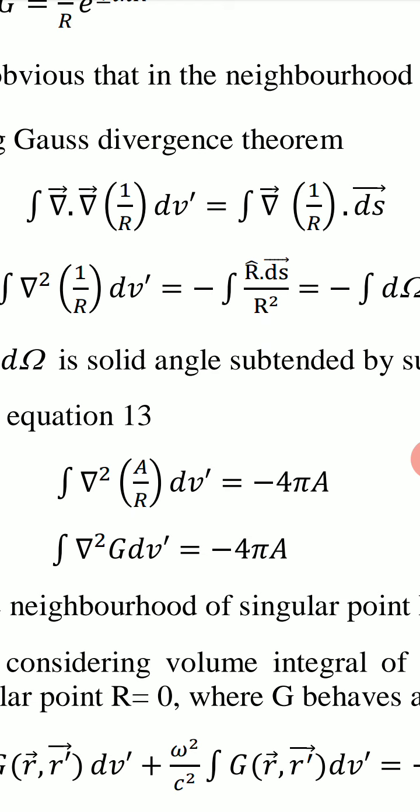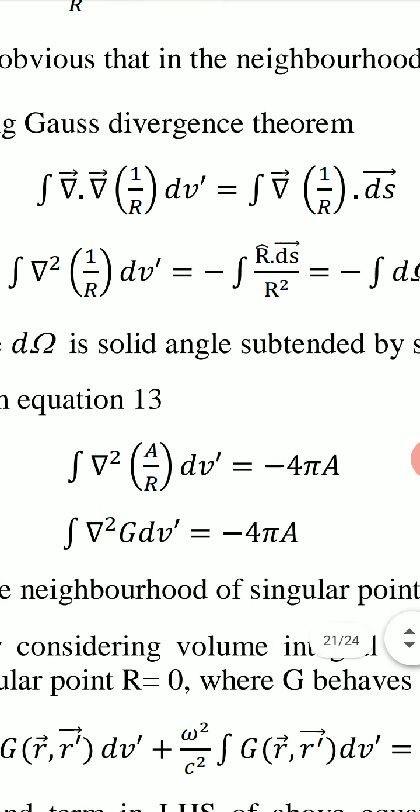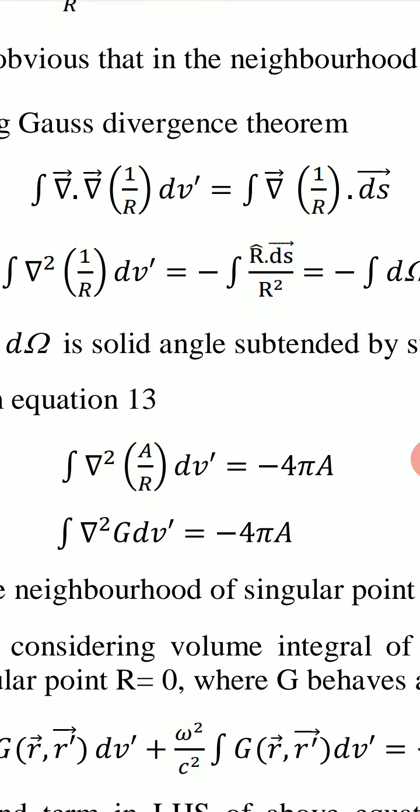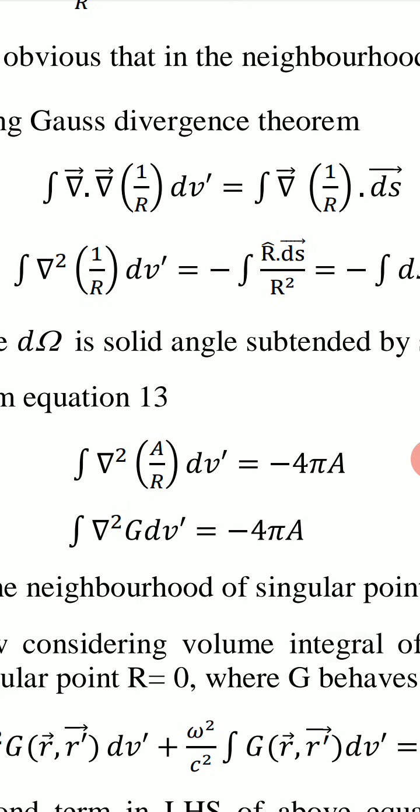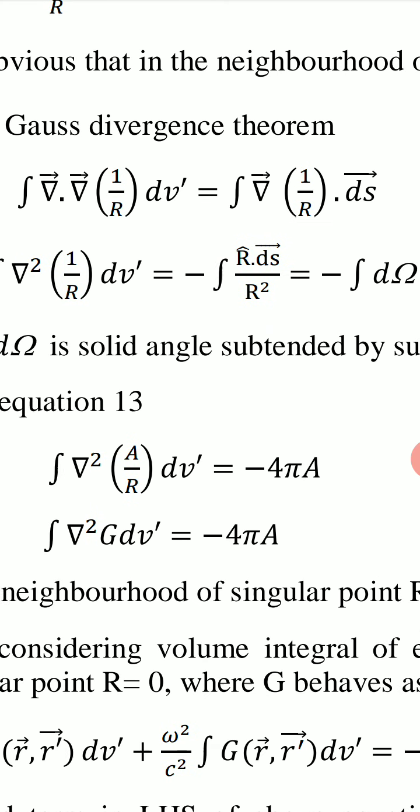So by using Gauss divergence theorem we can convert the surface integral of right hand side into volume integral of left hand side. We have to take the divergence of this vector del 1 upon r. So in left hand side we have divergence, that is del dot del 1 upon r, and now it is volume integral dv dash.